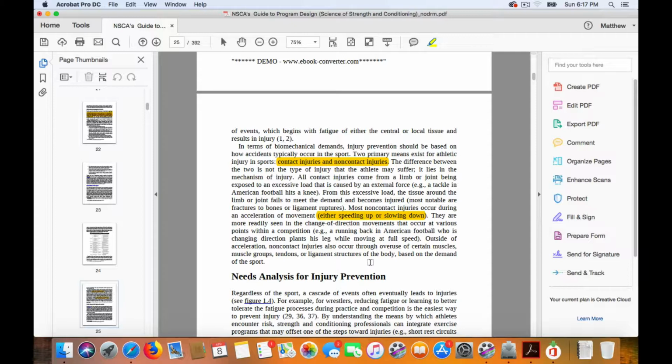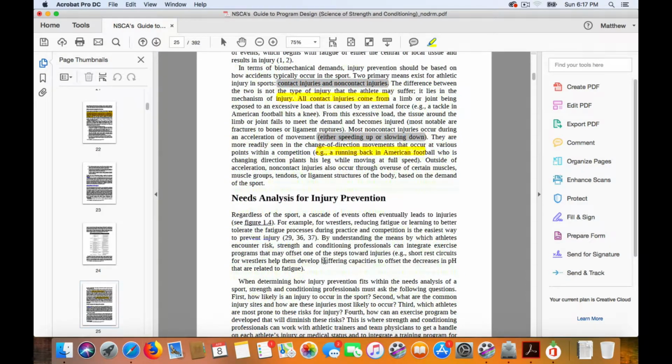So then there's the overuse injuries, certain muscle groups, tendons, ligaments, joint structure of the body. A baseball athlete, they tend to have overuse injuries in the shoulders and elbows of their throwing arm. That sport doesn't typically recommend switching arms. So that's another thing to think about.